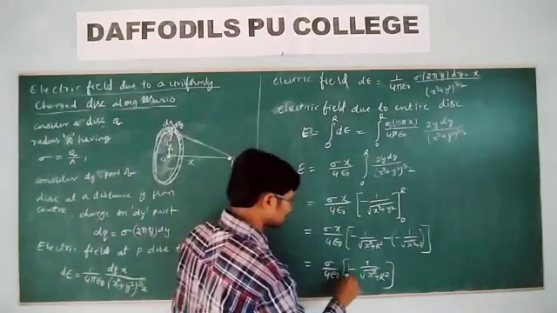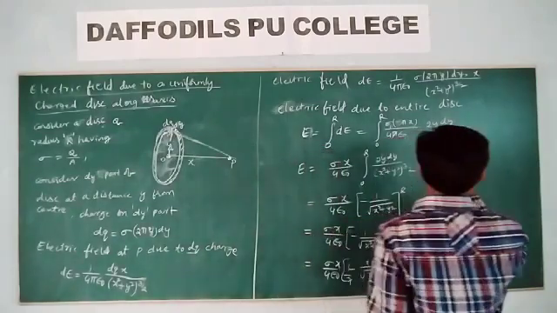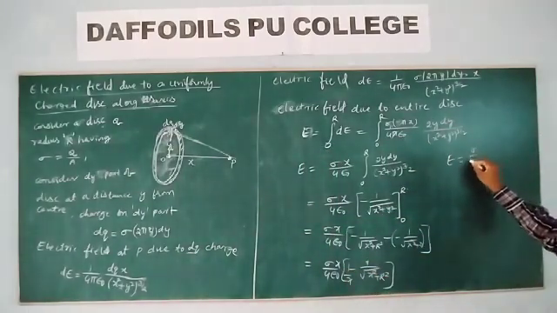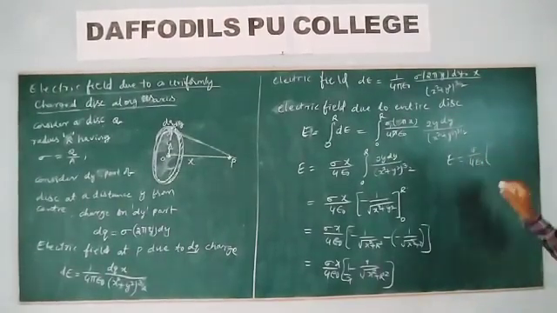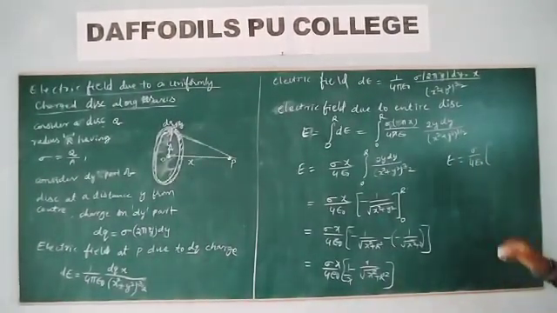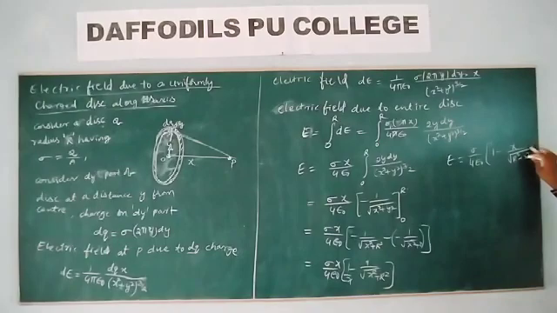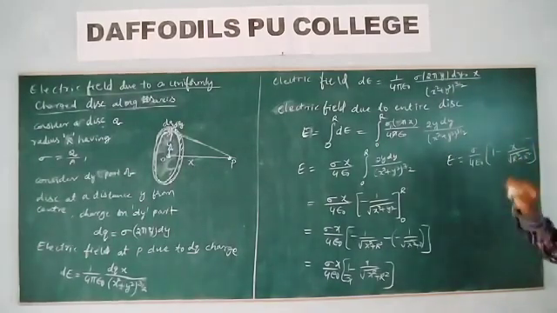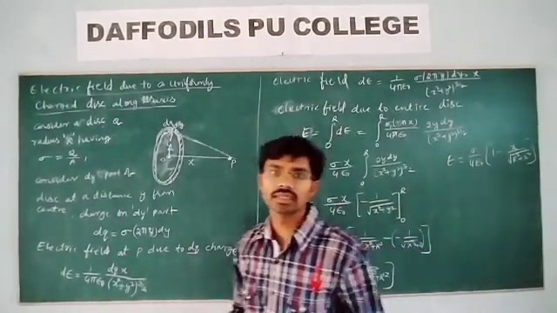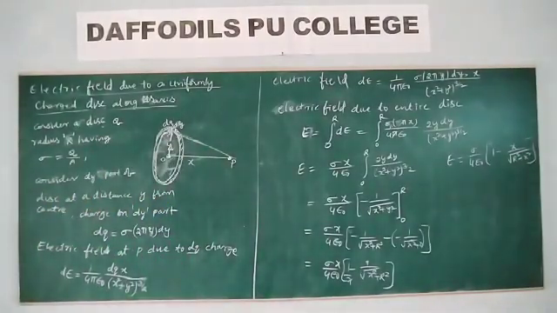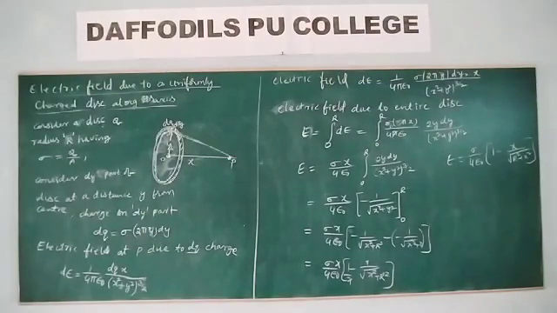Therefore the electric field is equal to, multiplying with this x also, sigma by 4 epsilon naught into 1 minus x by root over r square plus x square. This is the final expression due to the uniformly charged ring at that point, whatever we have seen.